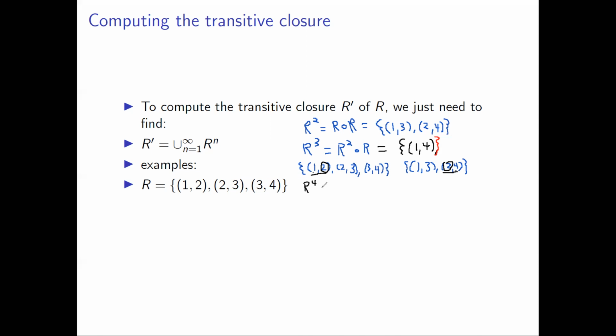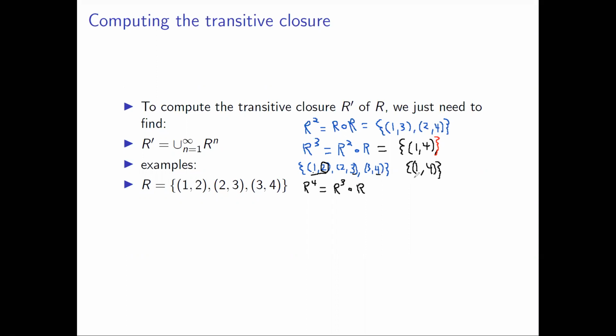So r to the 4th equals r cubed composed with r. So we can do the calculation right up here. I can just get rid of this and replace it with the 1, 4. And we can see each of these ordered pairs, their second terms are 2, 3, and 4.